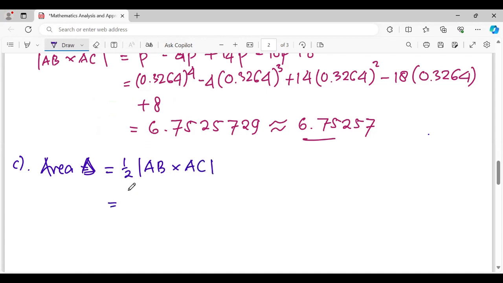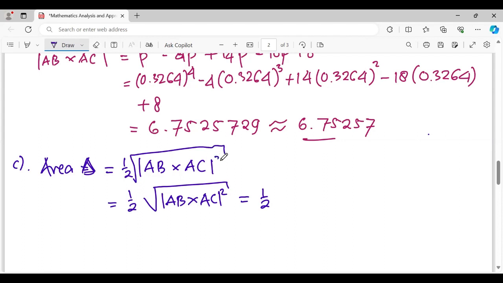So it becomes half times the square root of AB times AC squared, supposed to be this from the first step. Actually, this one, sorry.